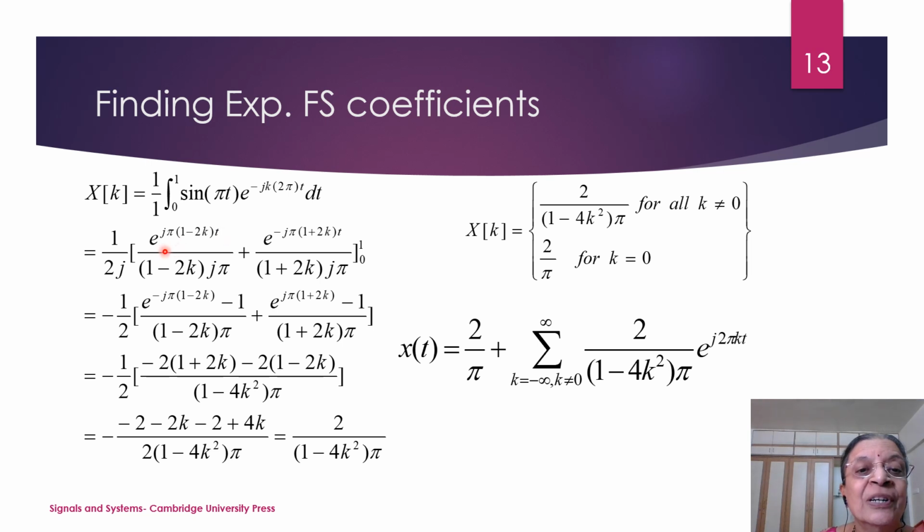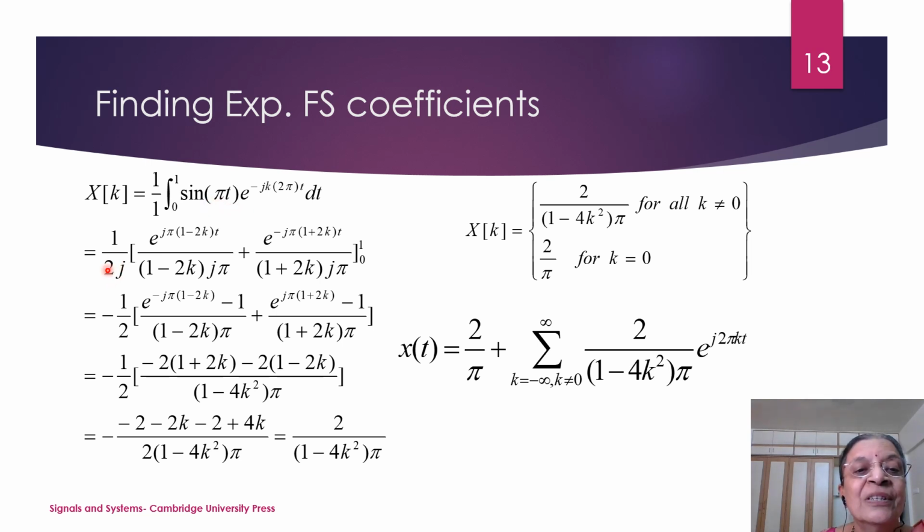So if I expand this, I am writing sin(pi t) as e raised to j pi t minus e raised to minus j pi t upon 2j.